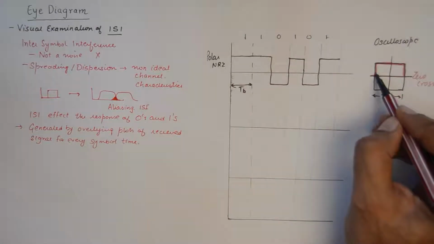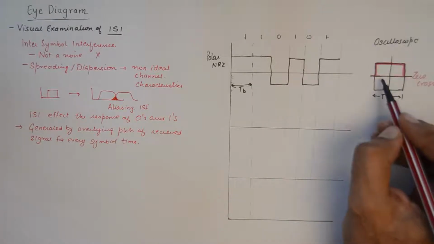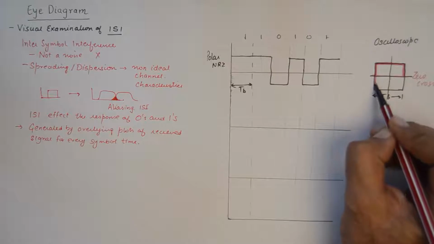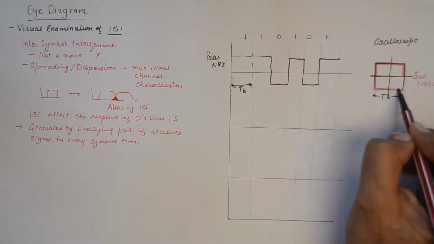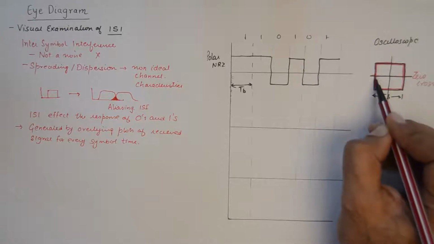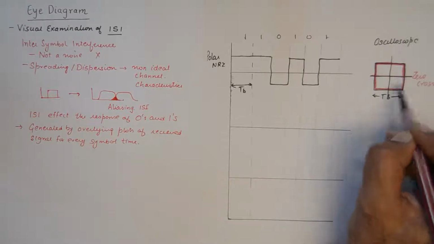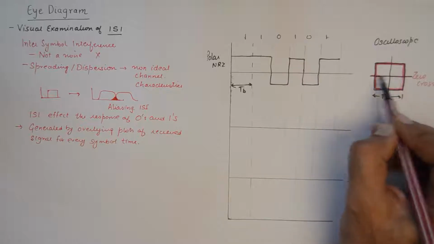When the next 1 comes, it again overlaps on this, and when a 0 comes, it occupies this portion, thereby generating a visual like this. The next 1 will go here, the next 0 will go here, and the next 1 will go here.